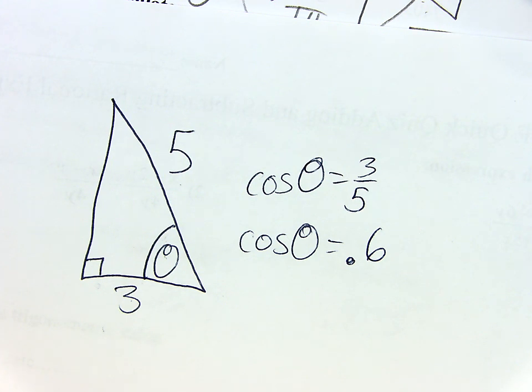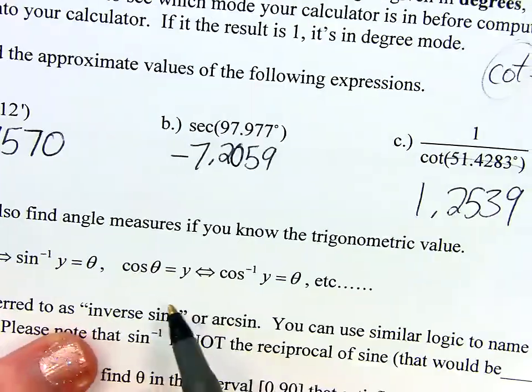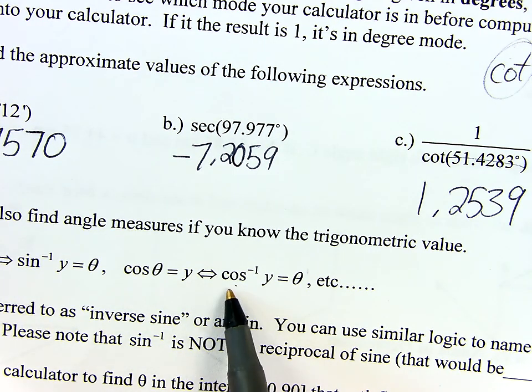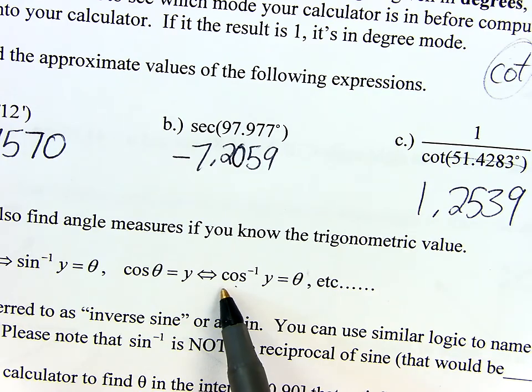Okay? And if you look on your note sheet, this is the inverse of cosine. So we write it as cosine to the -1 power, but we say it out loud as inverse cosine.